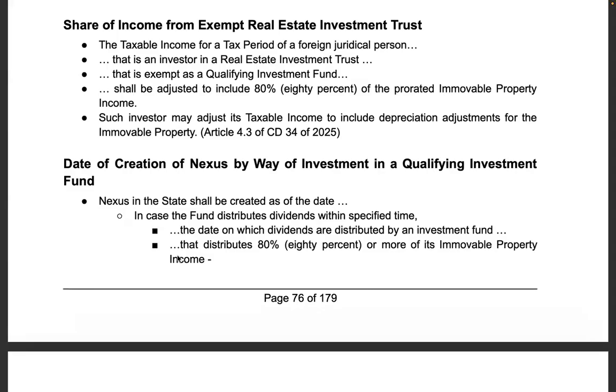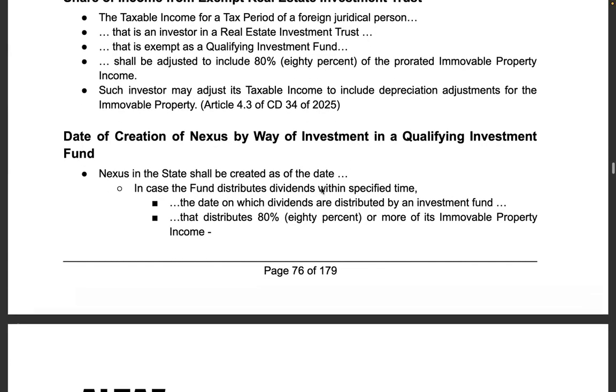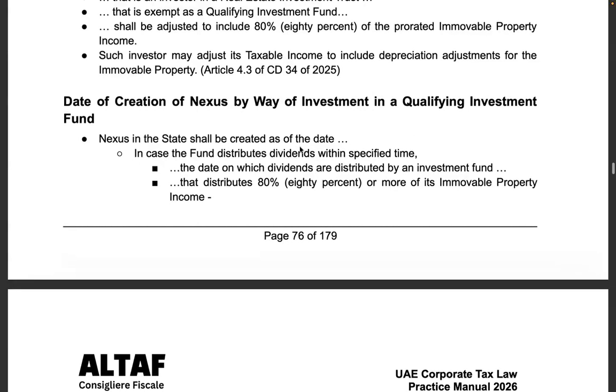Now, the trigger point of when the income will be taxed: the date of creation of nexus by way of investment in a qualifying investment fund. So this is a triggering event. Nexus in the state shall be created as of the date on which the fund distributes dividends within the specified time.